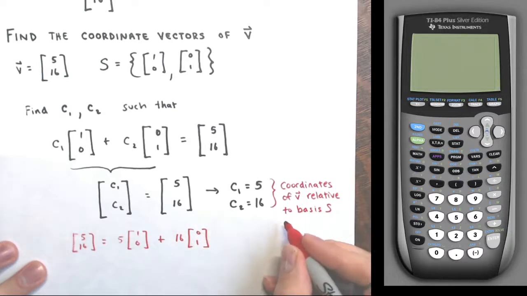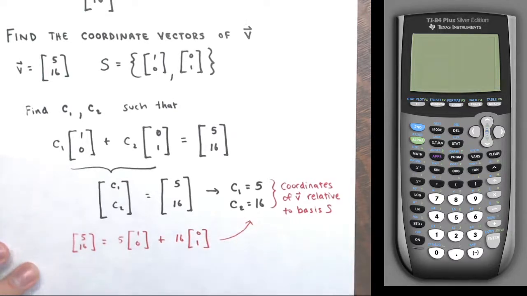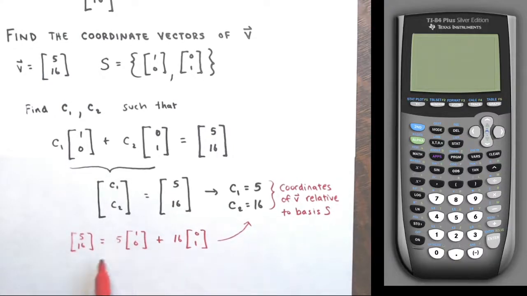So 5 and 16, the weights of the linear combination, are the coordinates of v relative to basis S.